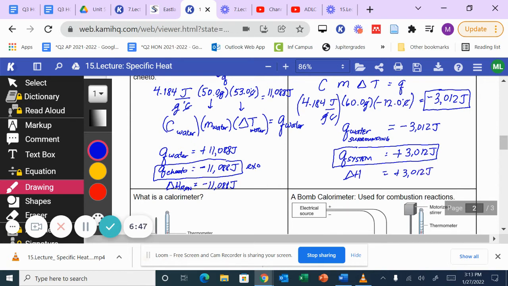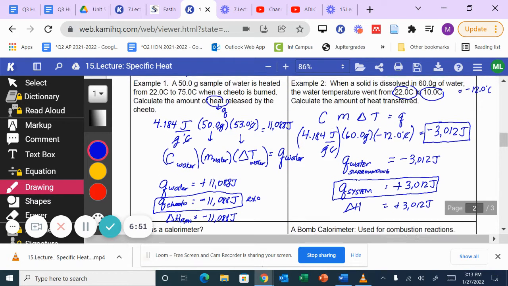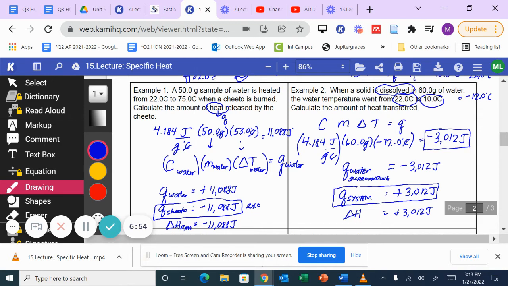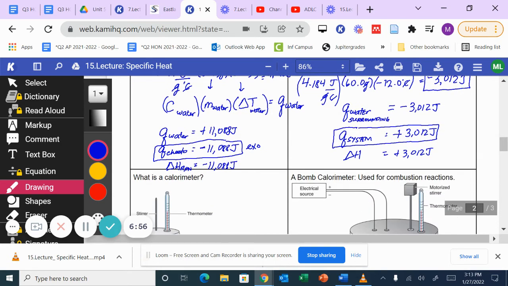Because this is a dissolution reaction, I can write RXN for reaction. If I want to be more specific, this can also be delta H of solution, SOLN. The same with this: this can be delta H of the chemical reaction, or if I want to be more specific, it is the delta H of combustion, because I am burning the Cheeto.